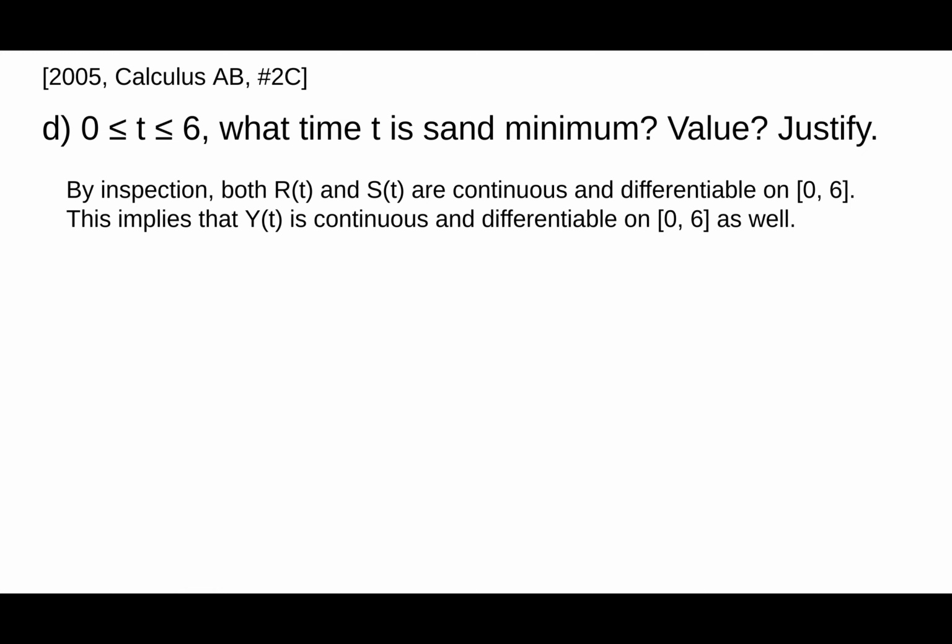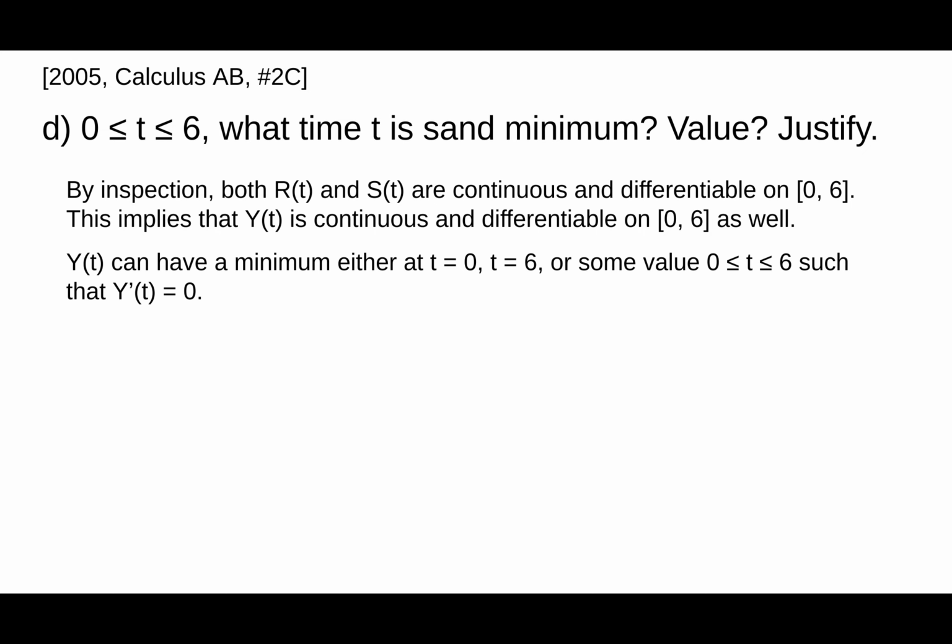S of t is a rational function where the only 0 in the denominator is a negative value of t, so we don't have to worry about that. So r of t and s of t are both continuous, and they are differentiable by definition. This implies that our function y of t is also going to be continuous and differentiable on the interval from 0 to 6 as well. Kind of nice to know.